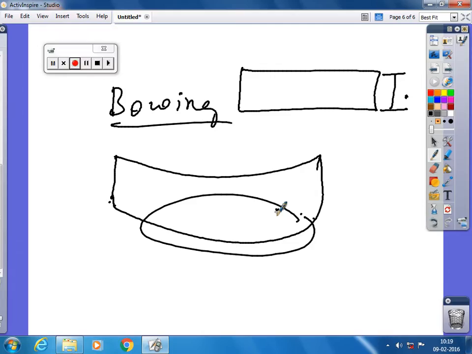When the warping takes place in the spiral form in a longitudinal direction, then it is known as twisting.